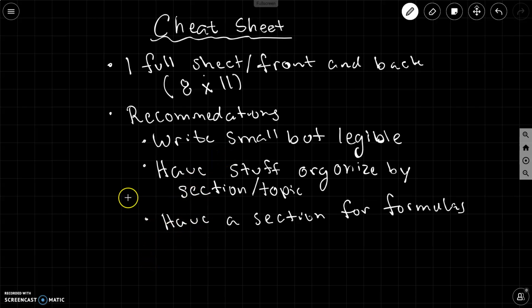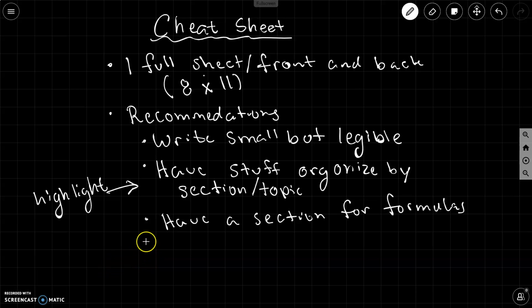Another thing about these topics is to highlight them. You want to highlight them to mark the important details so that they're easy to see, so you can go to them as fast as you can.